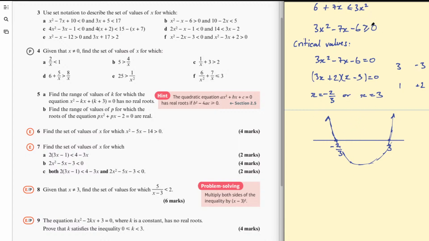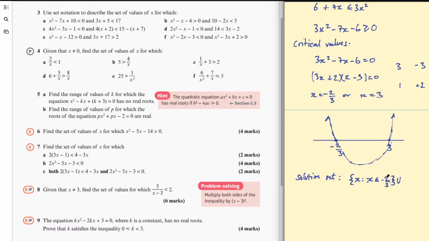And we want this when it's greater than or equal to 0, so it's going to be these sections here. So the solution set is when x is less than or equal to negative 2 on 3. Remember, whatever inequality is in the original problem, we use in the solution.